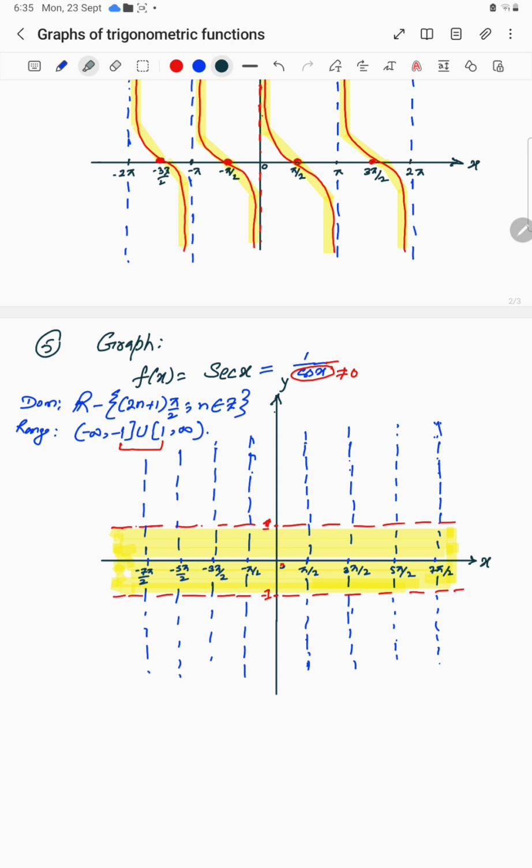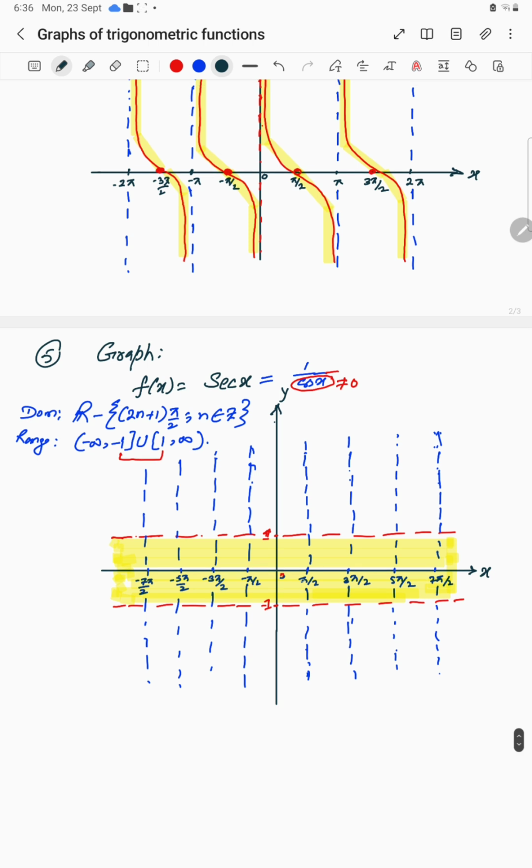Once we take different values of cosine between 0 and pi by 2, at 0 it will be 1, and for any value in between it will be either plus 1 or minus 1.